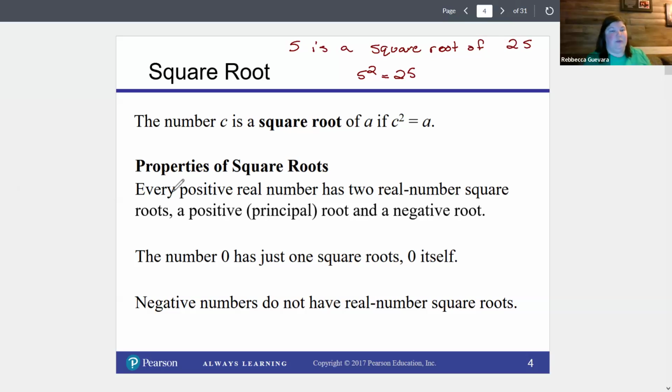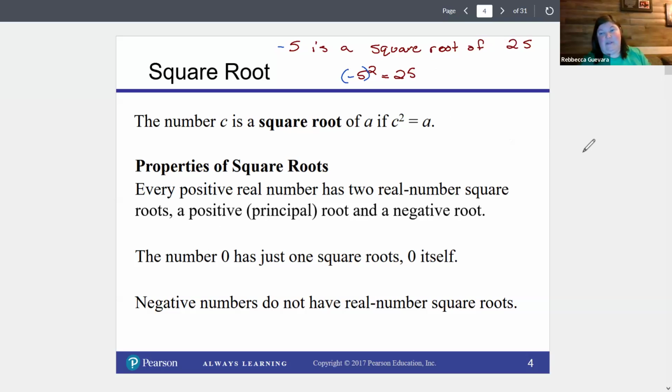So, properties of square roots. When we talk about square roots, we had two roots. We said that 5 or -5 would work, because I can go back and say -5 is a square root of 25 because -5 squared is also 25. So every positive real number is going to have two real number square roots. You are going to have a positive, what we call the principal root, and a negative root.